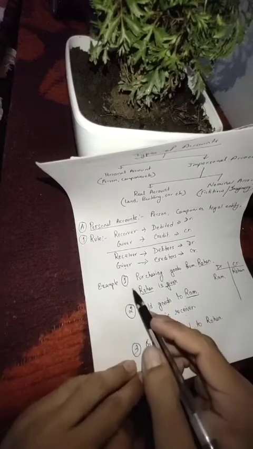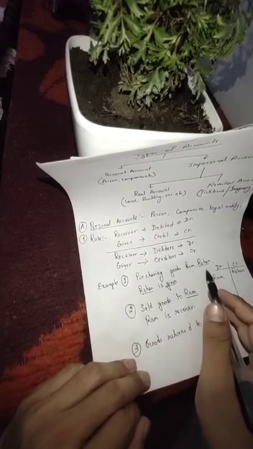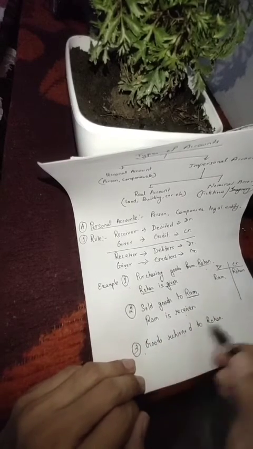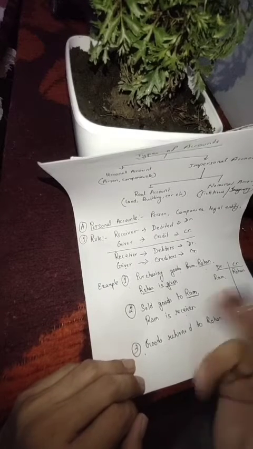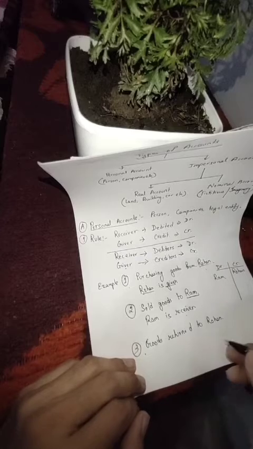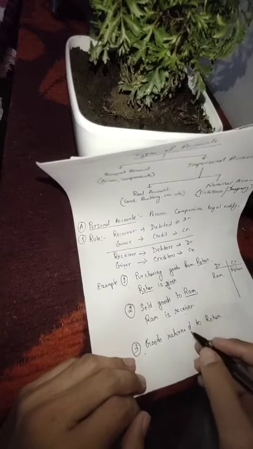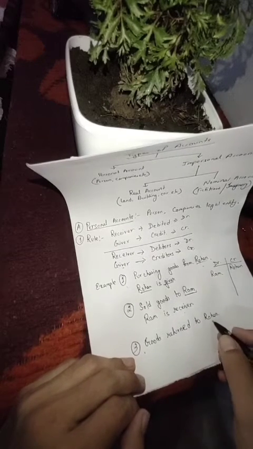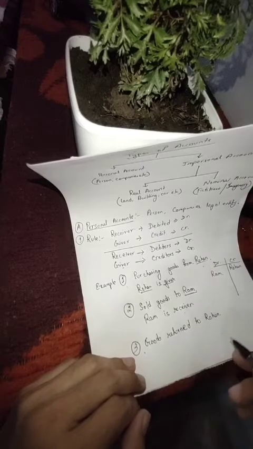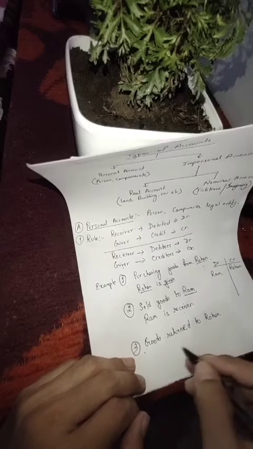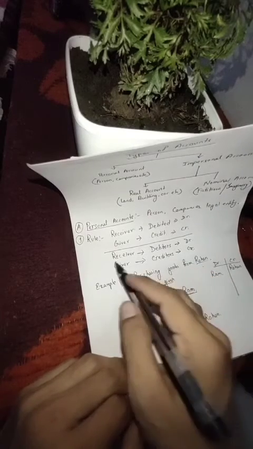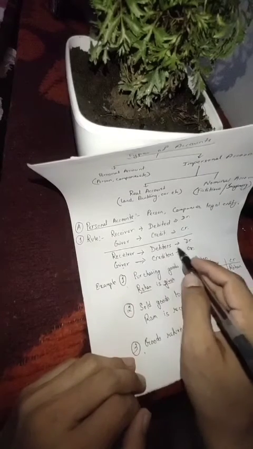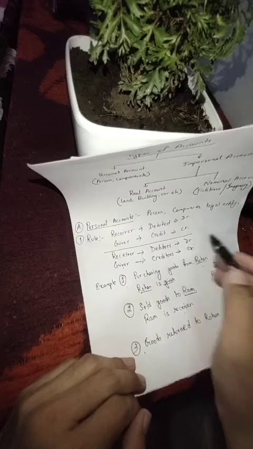Now, in the first transaction we purchased goods from Rohan. In the third transaction we are returning those goods to Rohan, for some reason. In this situation, Rohan is actually receiving something from us. So Rohan in this case becomes a debtor item, and a debtor is always a debit item.